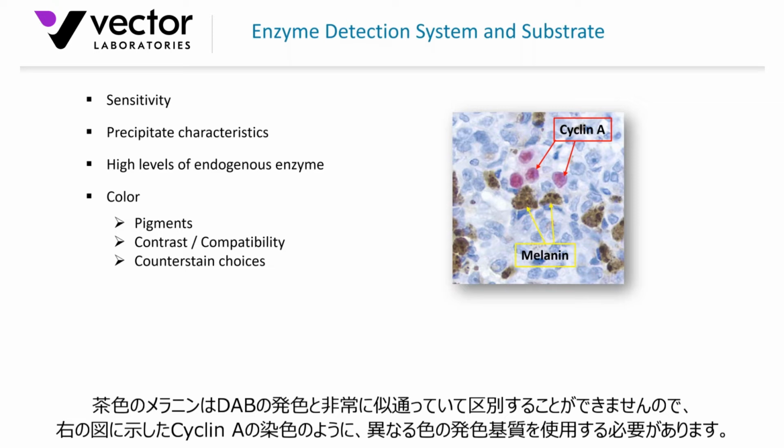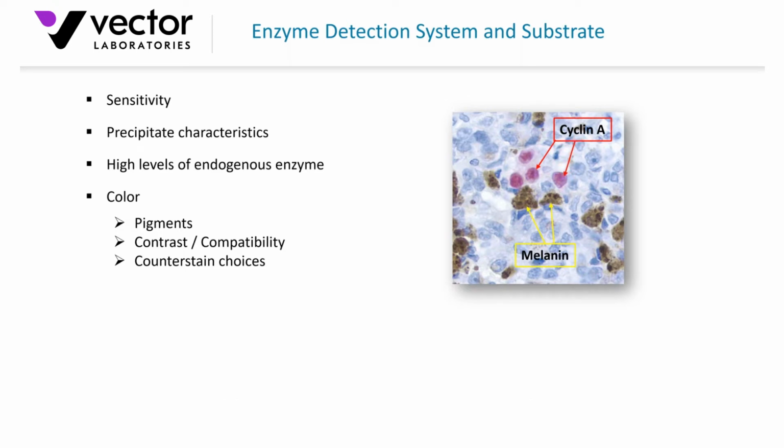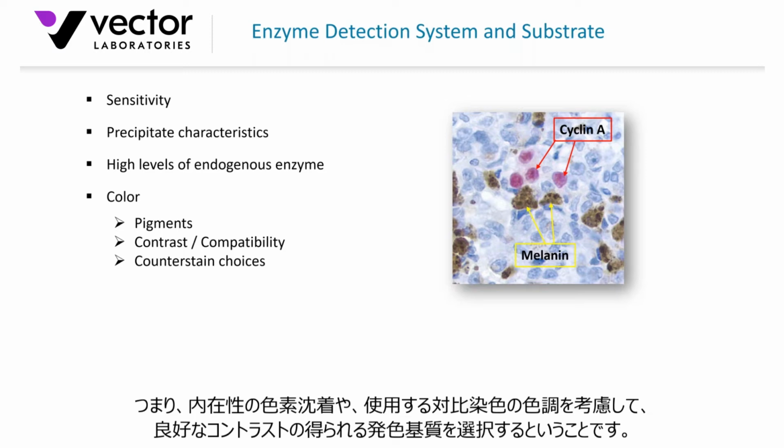So you'd have to go with a different colored substrate, such as we've indicated here, in this case, looking at cyclin A. So the idea here would be to contrast against any inherent pigmentation that might be there, or indeed any of the other substrates you're going to use in that given application.